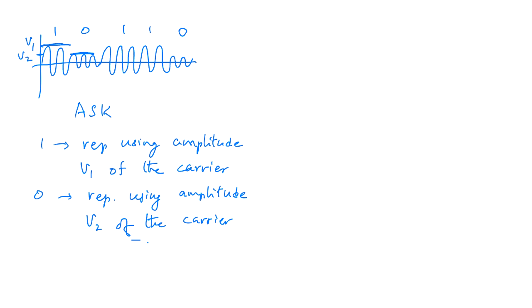Now a variation of amplitude shift keying is called on-off keying.